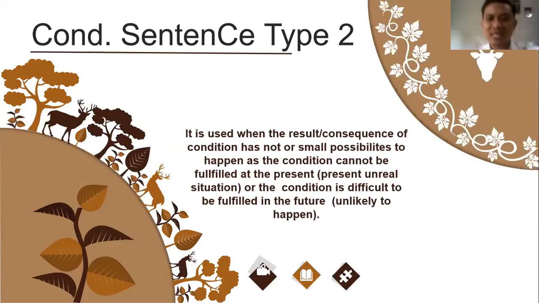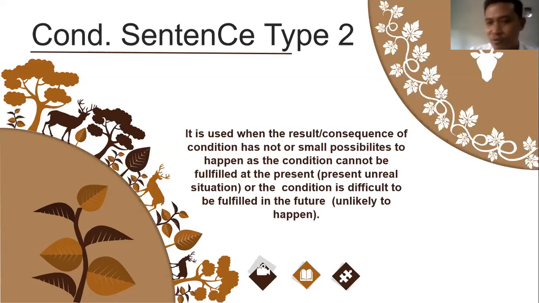Okay, do you think it can happen? No, it cannot happen. Why? Because at the present, at this time, your house is not in Pasar 6, but your house is in Simpang Selayang, far away. That is the fact. So this is what we call a present unreal situation.